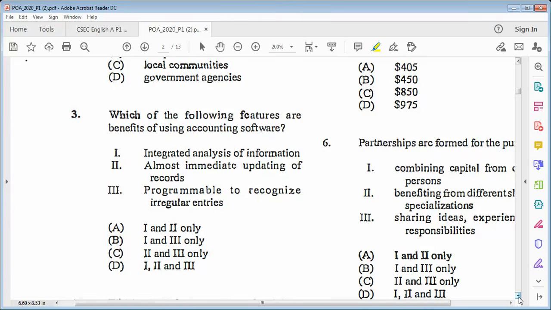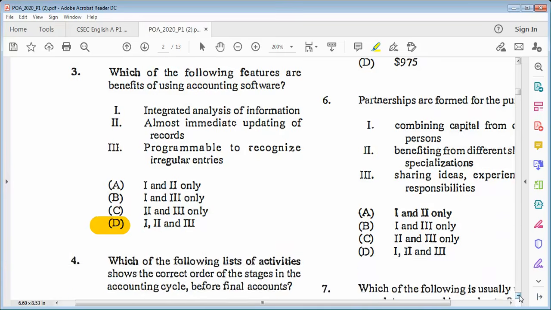Our answer options: is it A, 1 and 2 only, B, 1 and 3 only, C, 2 and 3 only, or D, 1, 2 and 3? We know it is all of the above, 1, 2 and 3. So our answer is D.